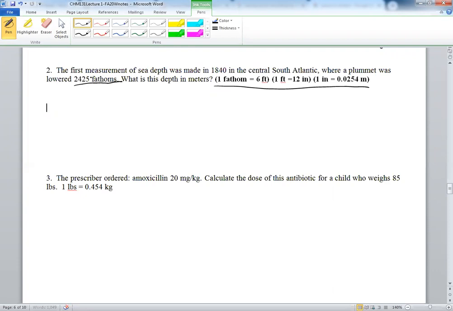That was the measurement. So we begin with that, 2,425. And it's asking you clearly, what is this depth in meters? So you're given 3 conversion factors.